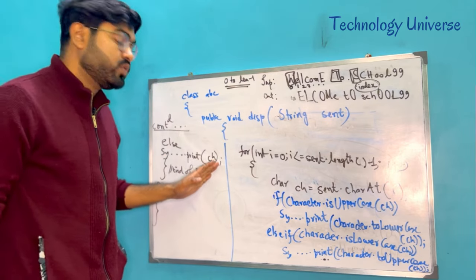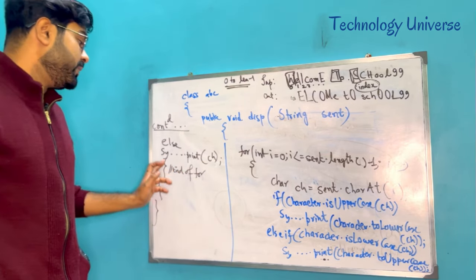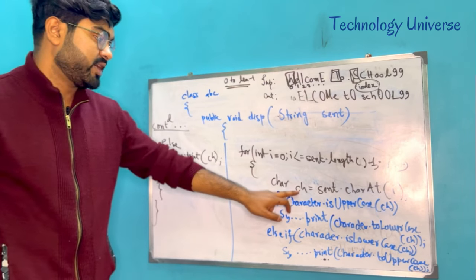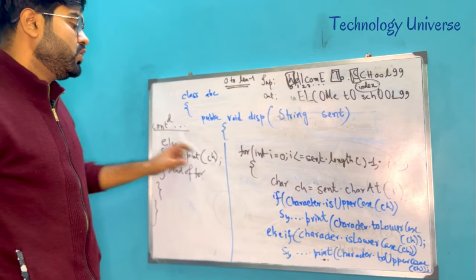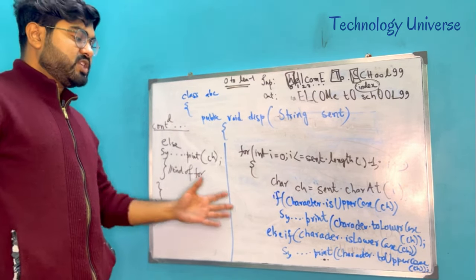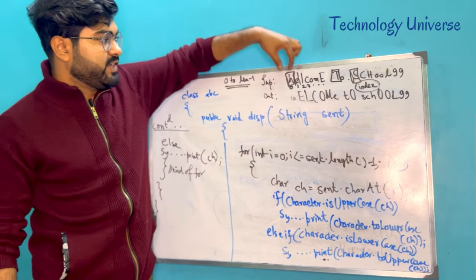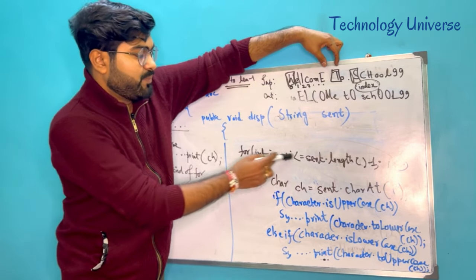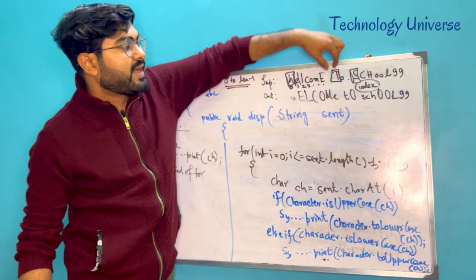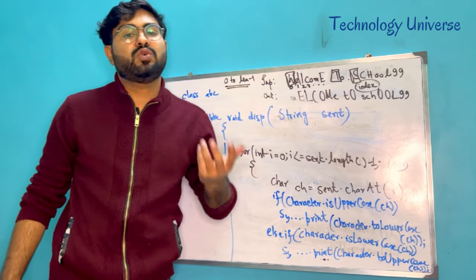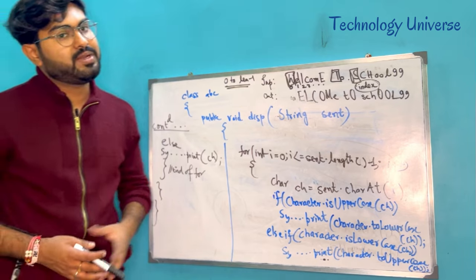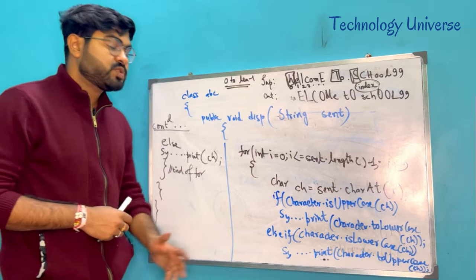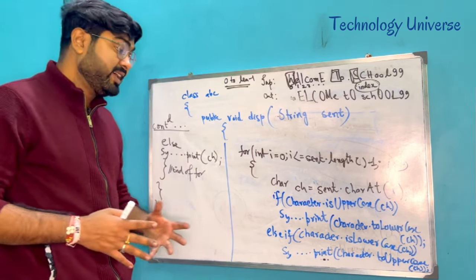So that string would be intact. So then we are printing the character whatever we have extracted in this line. Then we are closing the for loop and the class is closed. So this program is going to chop out each character in this line with the help of the index generated by the for loop, and then it will convert uppercase to lowercase or lowercase to uppercase and print in the terminal screen. And you run this code and see how the output looks.